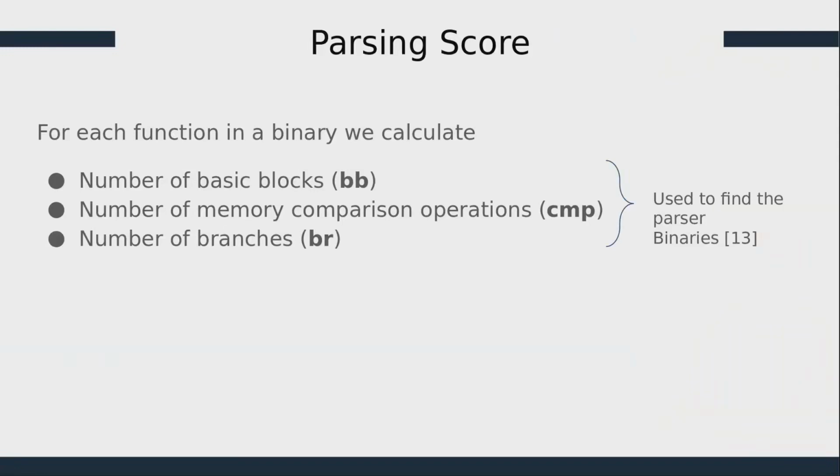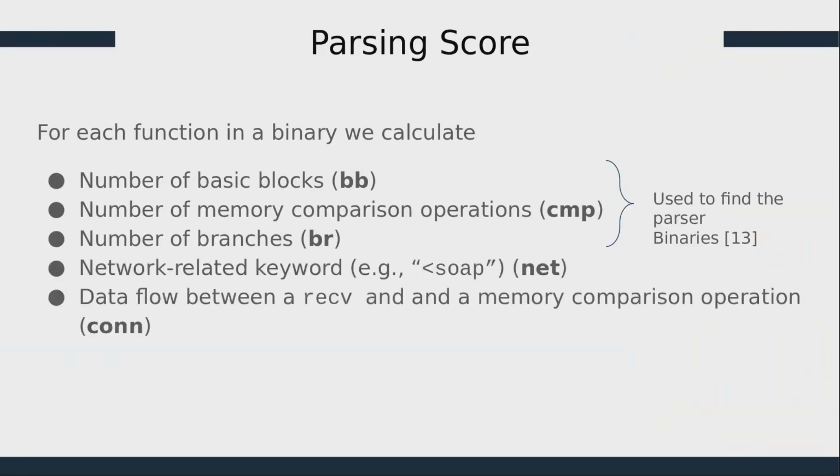While these define parsers, we also have to find if a binary takes data from the network. As such, we define two more metrics. The first one, we check if the binary contains any network-related keywords such as SOAP, HTTP, and so forth. And then we check if there exists a data flow between a read from a socket and a memory comparison operation.